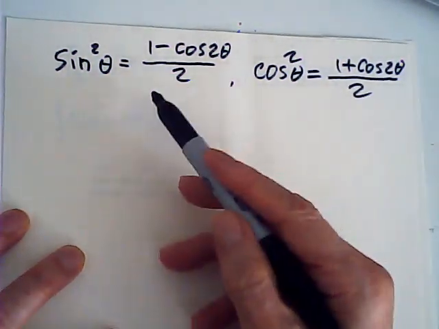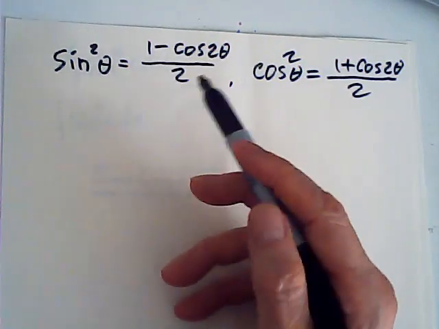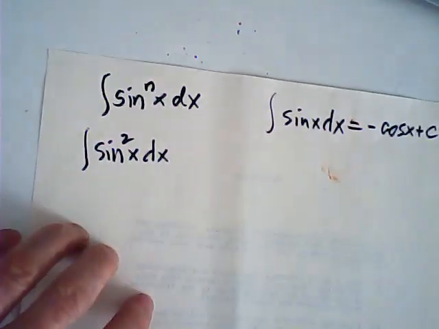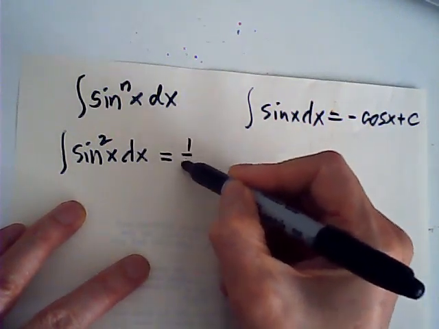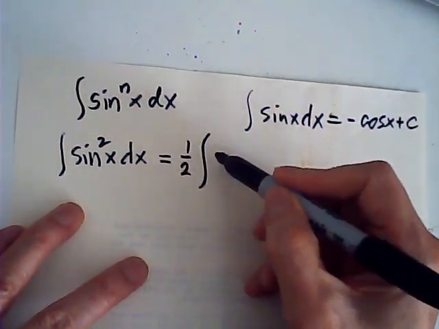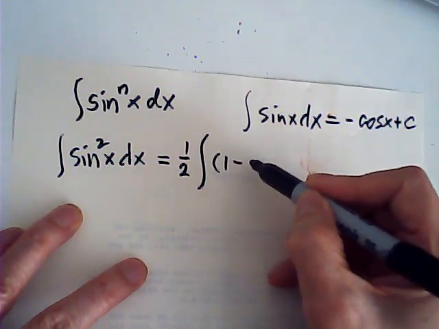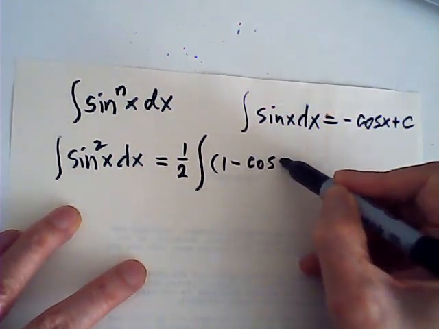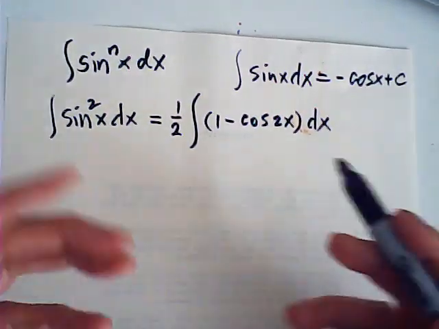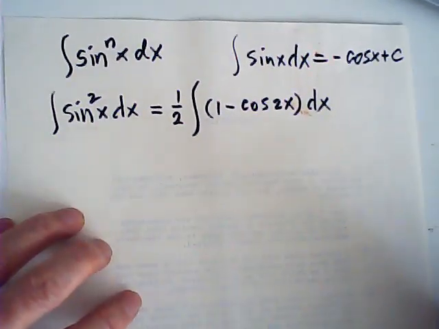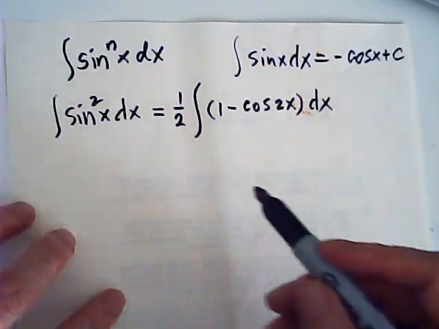So that solves your problem of a square function. So this one is equal to 1/2 integral of 1 minus cosine 2x. So no more square function. That is a problem we solved.